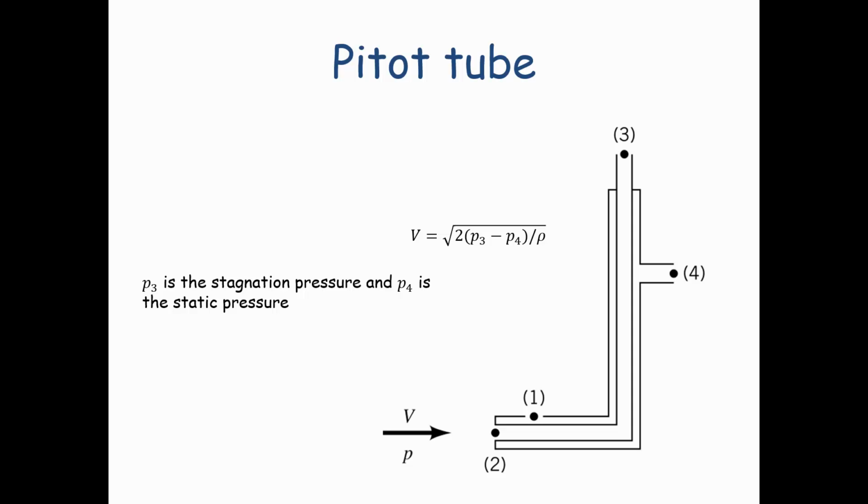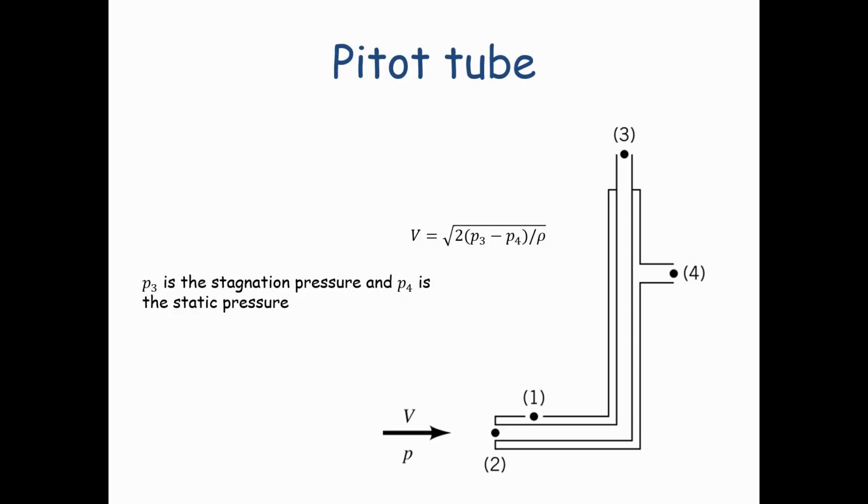If you want to know what the velocity is, then you can measure the height at which the fluid will stand within this tube, and by knowing the hydrostatic pressure, you can determine what the total pressure is, which would be the hydrostatic plus the stagnation pressure, and if you know the stagnation pressure, you can calculate the velocity.